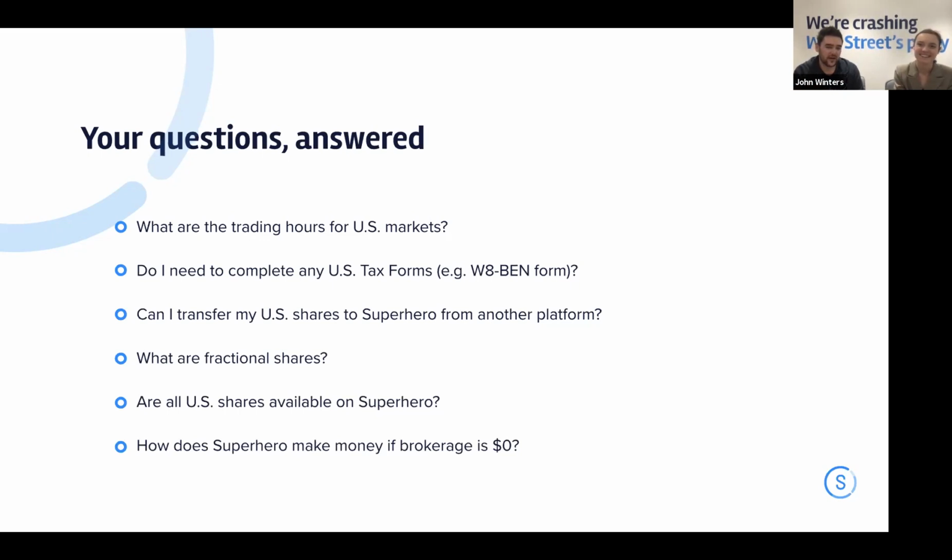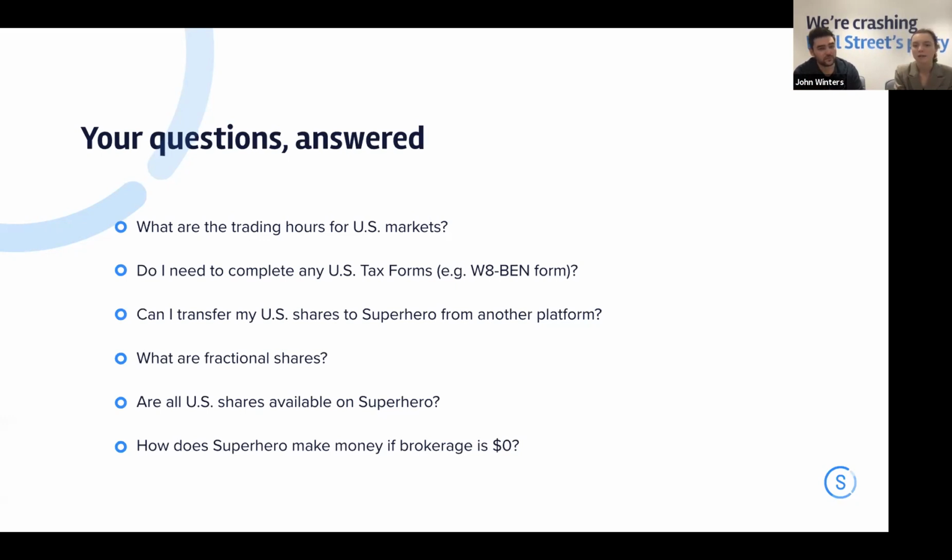But you are able to trade about 4,500 different shares on the platform at the moment. We are adding new shares all the time, and we'll communicate those with everyone as we update the list. Yeah, and all of the shares that we showed today, you can trade with Superhero.